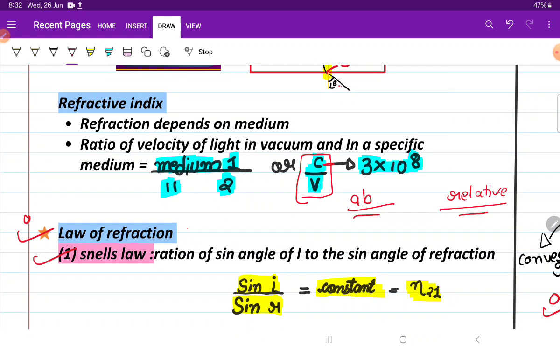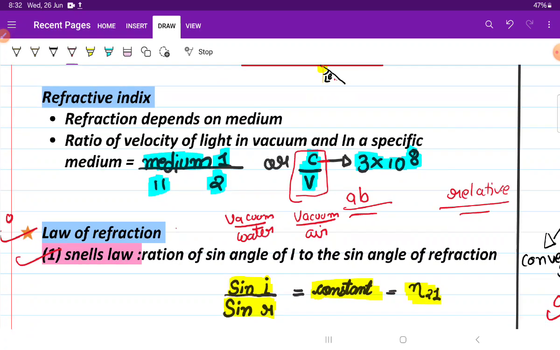What is meant by absolute and relative? Absolute means we are comparing any other medium to the vacuum only. Vacuum upon air, vacuum upon water. There will always be vacuum, in which the ratio of vacuum upon any other medium is known as absolute refractive index.